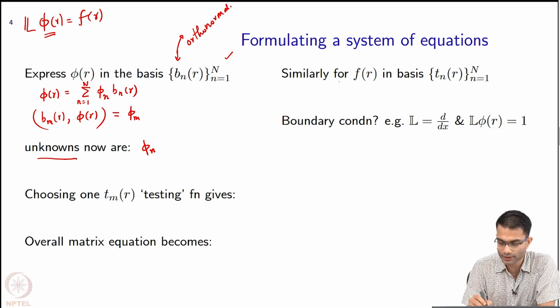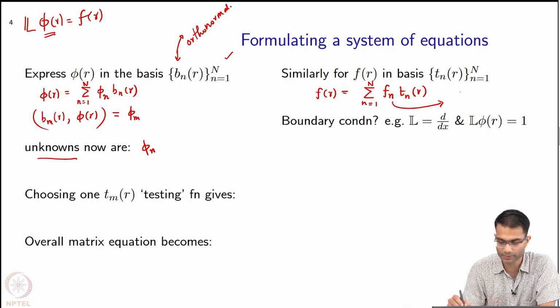Similarly, for f, which is in the range, I can write it in terms of the basis vectors for that space. So, I can write f as the sum of f n times t n of r, and f n is simply given by the inner product of t n of r with f of r.